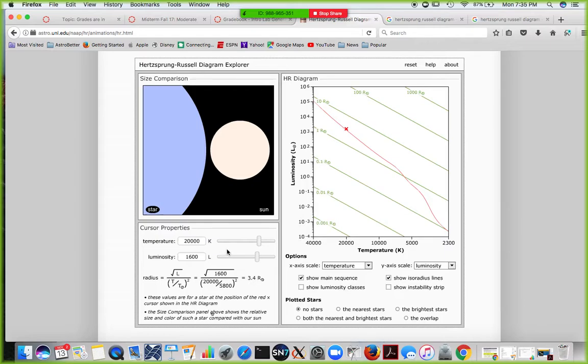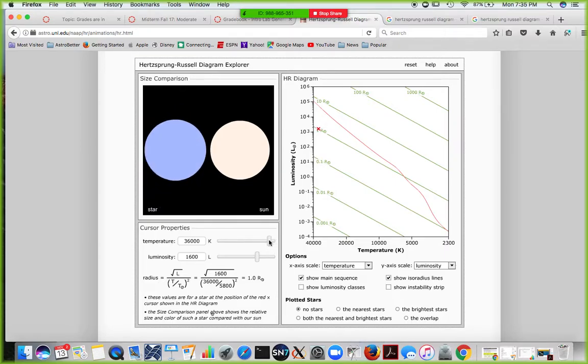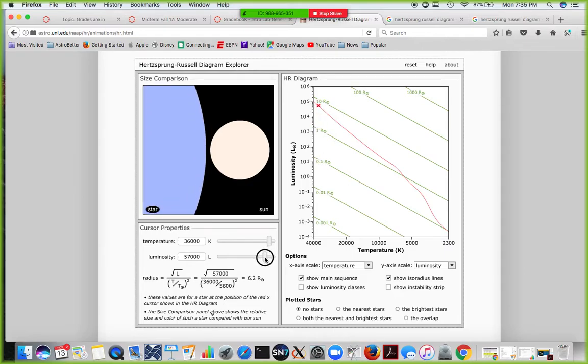Now, if the star gets even hotter, but you place it in the main sequence with a radius that's 10 times as big as the Sun, the star will be luminous and relatively hot. So how does this HR diagram simulation help us to understand?